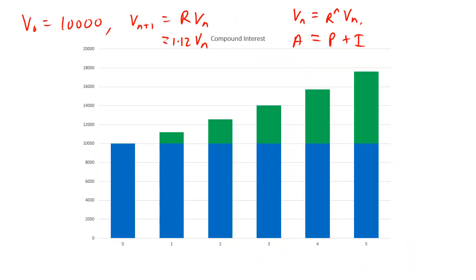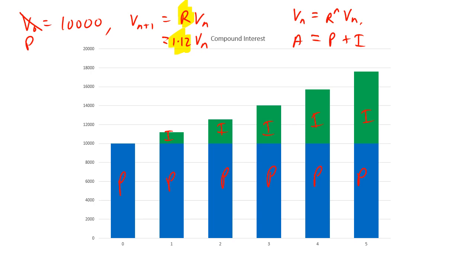Okay, so this is compound interest, and we know this is the principal, and we know this is the interest, our I. So we already know that the principal is the same as V naught. And we're going to look at how to calculate this R that we got, which is 1.12.